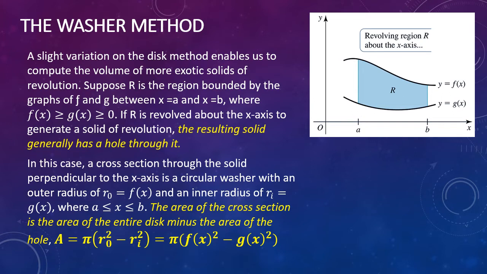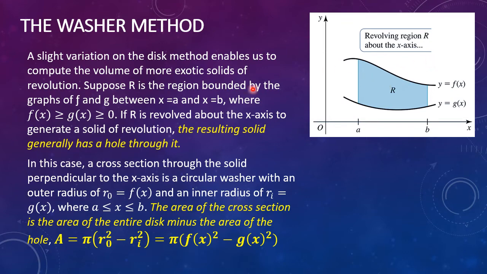Next, we're going to look at the washer method. This is a slight variation on the disk method, which enabled us to compute the volume of some more, what they are calling, exotic solids of revolution. So let's look at this. Suppose R is the region bounded by the graphs of f and g between x equals a and x equals b, and you can see that here, where f of x is greater than or equal to g of x, which is greater than or equal to 0.